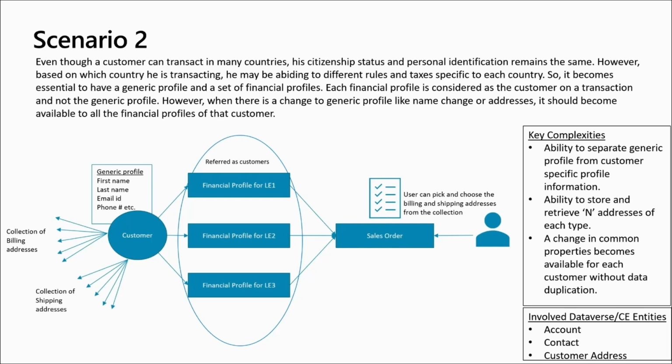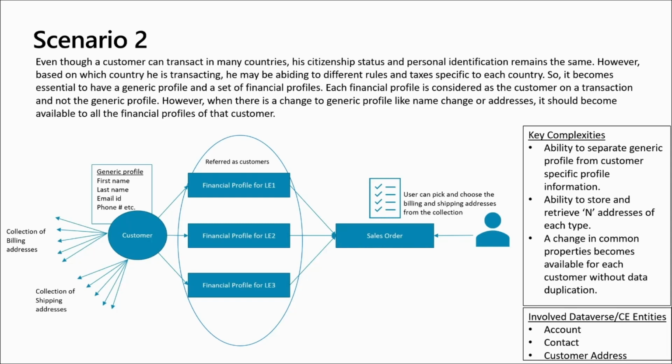Therefore, you can consider a party with a generic profile, which is my customer. However, in each legal entity, it has a different financial profile, right? And you can create sales orders against these financial profiles in each legal entity.